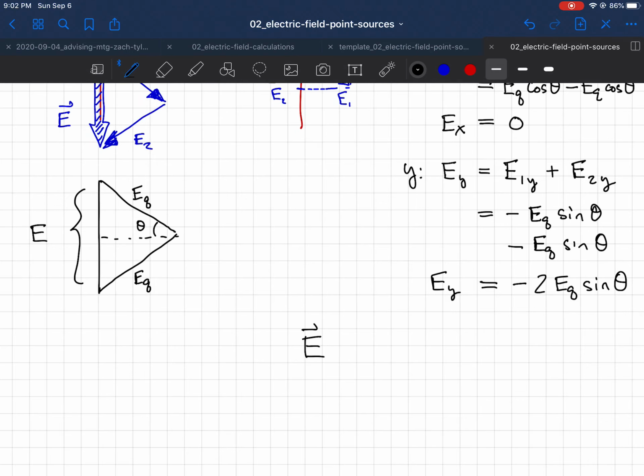The E vector is going to be 0, comma, minus 2 EQ sine theta. And then we need to say what we mean by EQ. We already found it up above.